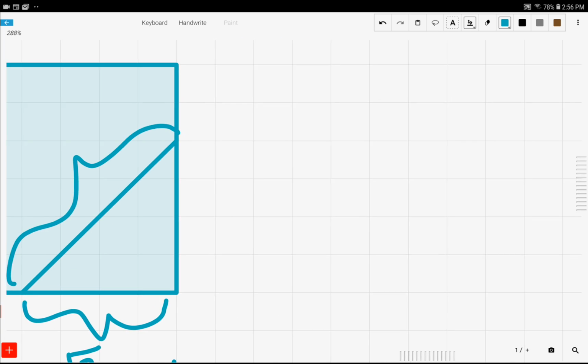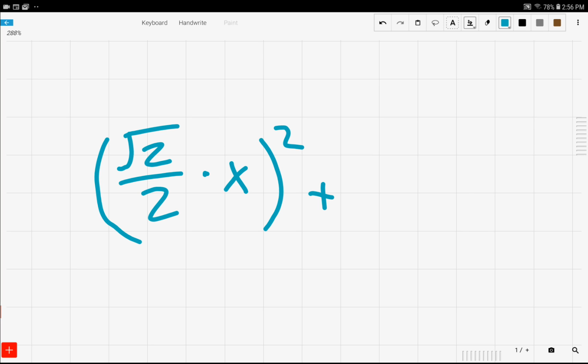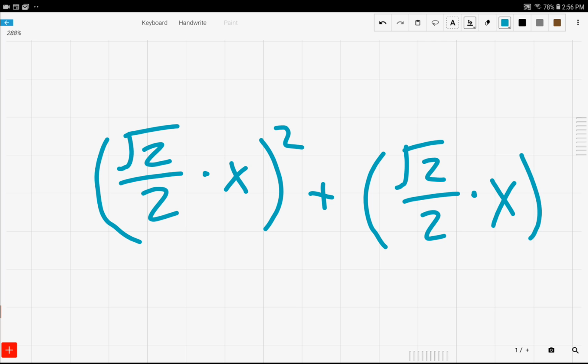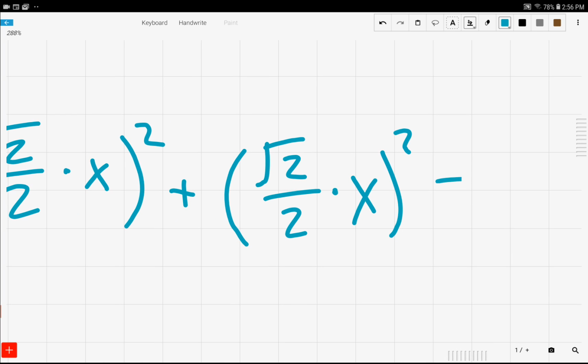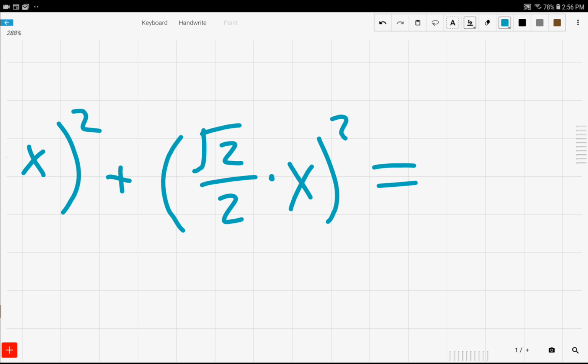So if we do that, we have square root 2 over 2 times x, squared, plus the same term is equal to some value, and in the end we're going to square root that value because it's the Pythagorean theorem.